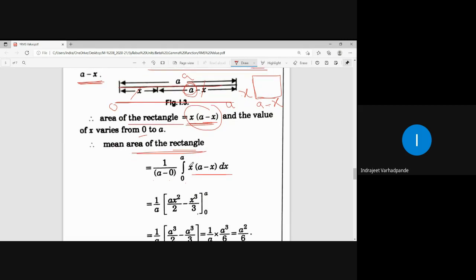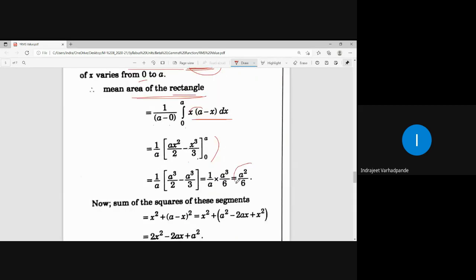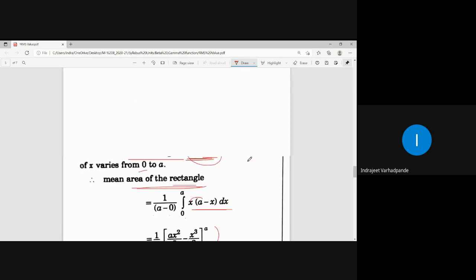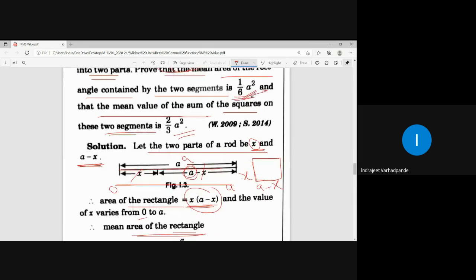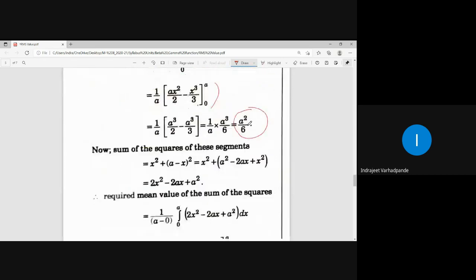Open the bracket: ax minus x square. Integration will be a into x square by 2 minus x cube by 3. The range of integration is 0 to a. The final answer comes out to be a square by 6. So for the area of a rectangle, the mean value comes out to be a square by 6. I think in the result we want it as 1 by 6 a square, right?